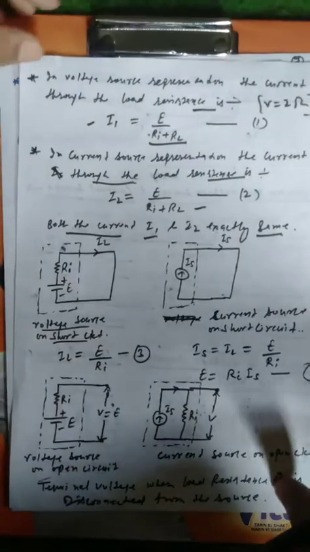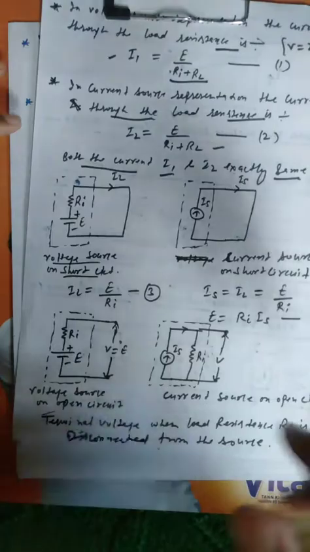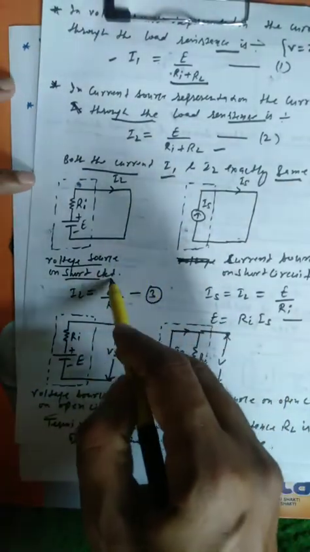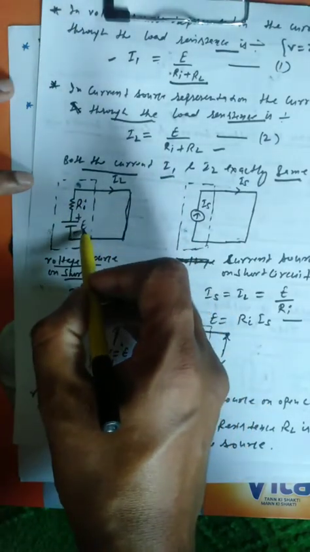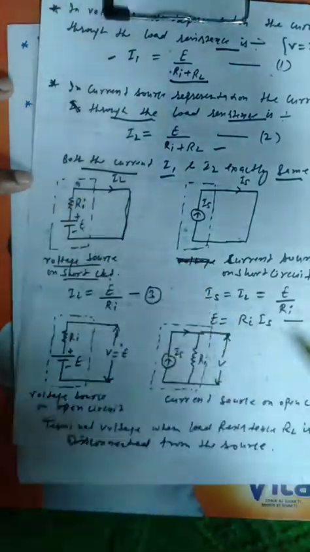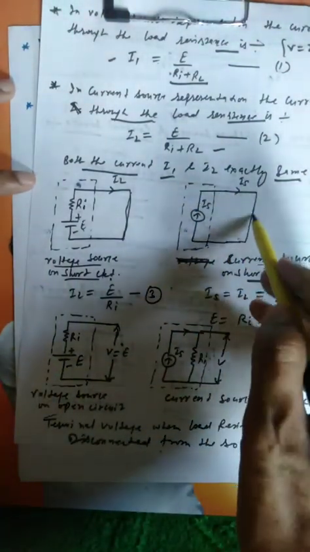Now we can consider one more case about the voltage source: the voltage source in case of short circuit. In a short circuit, the output terminal is shorted, and the supply and resistance are connected in series. And in the current source in short circuit form, there is no resistance connected here.